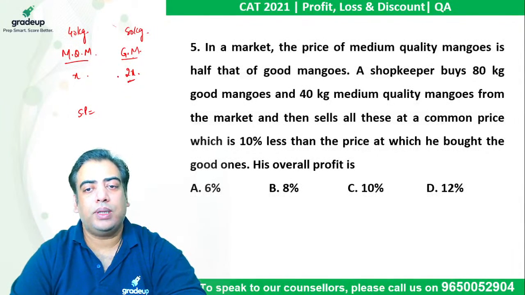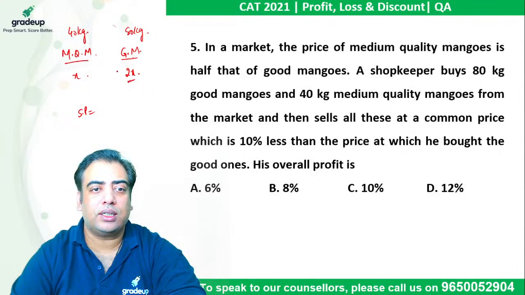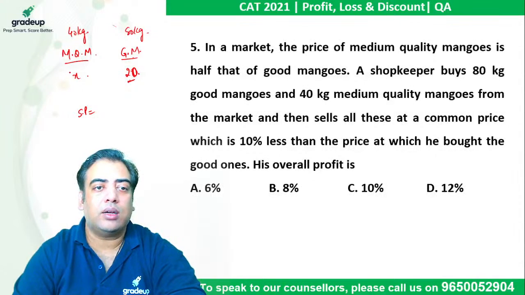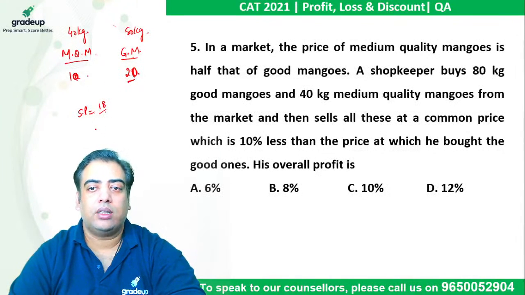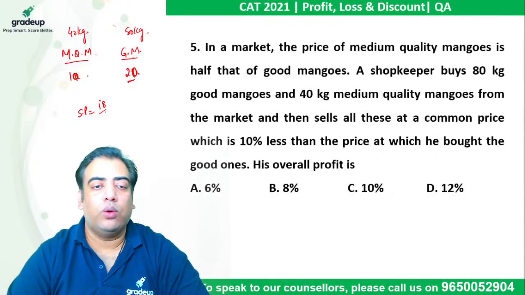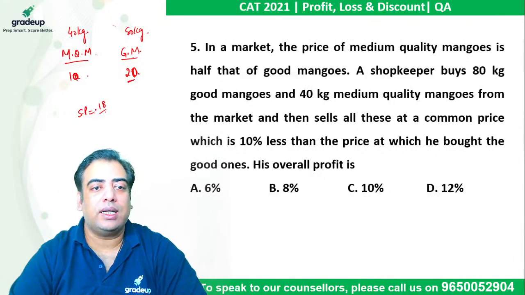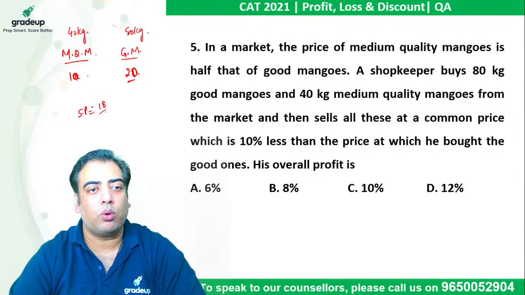So to make our job easier, because all are going to be percentage changes, we can assume it to be 20, and this comes out to be half of it, which is 10. So selling price is 10% less than this, which is rupee 18 per kg, right? So his overall profit will be overall selling price and overall cost price is required.